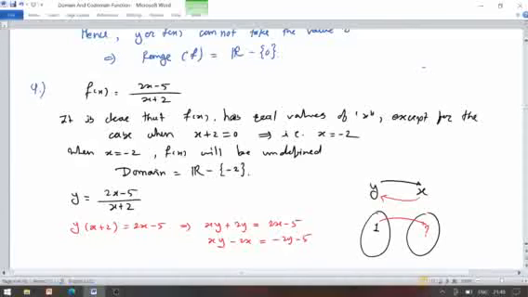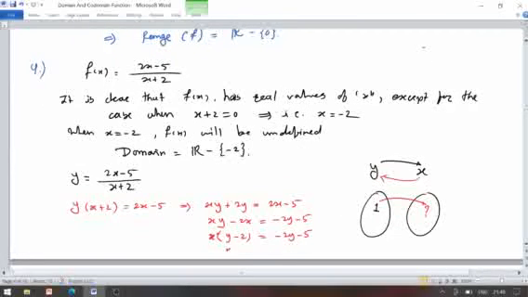Now for expressing the value of x in terms of y, let us take x common from the LHS. We get the form like this. So the value of x would be minus 2y minus 5 divided by y minus 2.